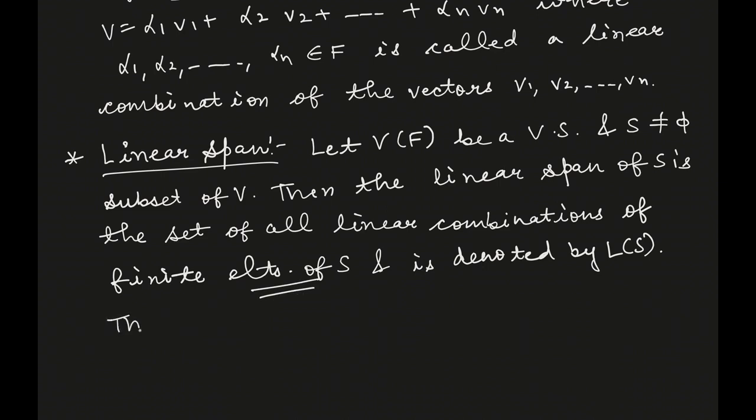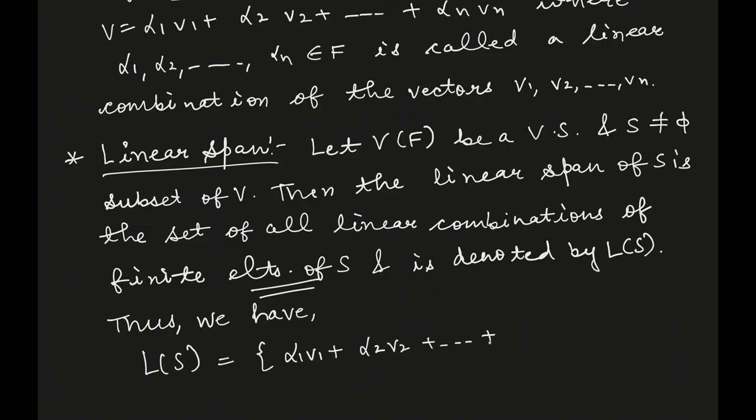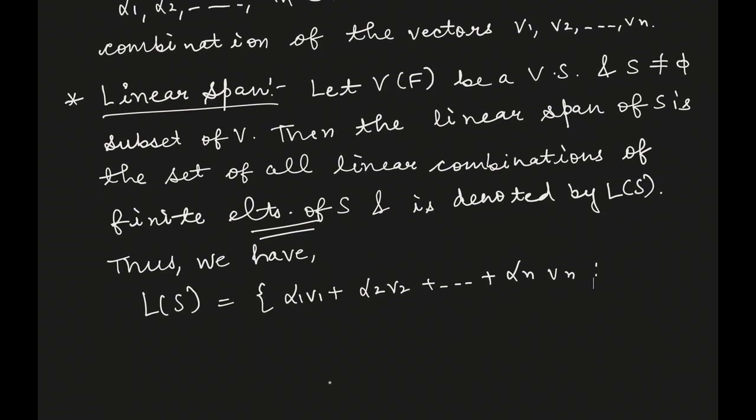So linear span is alpha 1 V1 plus alpha 2 V2, so on till alpha n Vn, such that all the alpha i's belong to field F, i is from 1 to n, and V1, V2 up to Vn are finite elements of S.